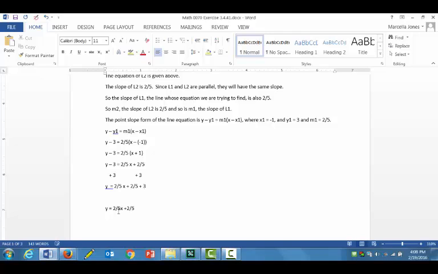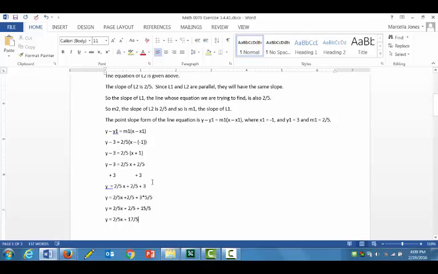I need to rewrite 3 so that it has a denominator of 5 but is still equivalent to 3, so I multiply 3 times 5 over 5. So y equals 2/5 x plus 2/5 plus 15 over 5. Since 15 divided by 5 is 3, this is y equals 2/5 x plus 17 over 5.